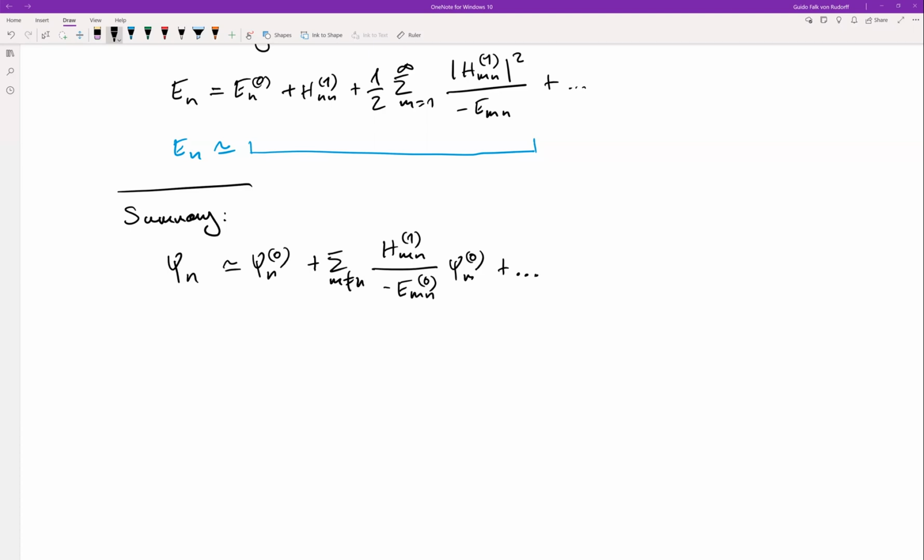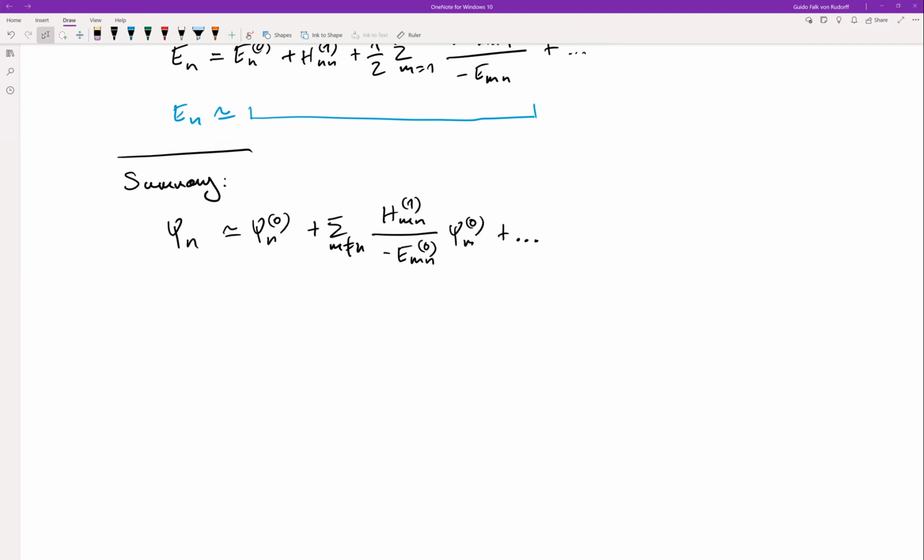And now there's a little bit of a caveat here to keep in mind. This thing might change sign. So that becomes most important if the energies are close to each other.